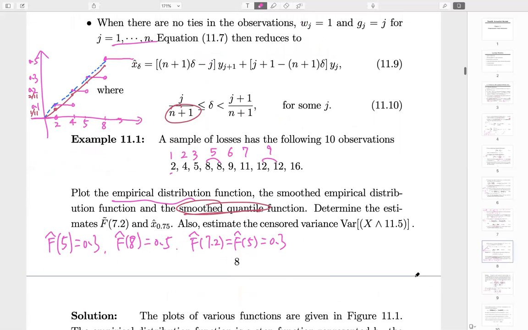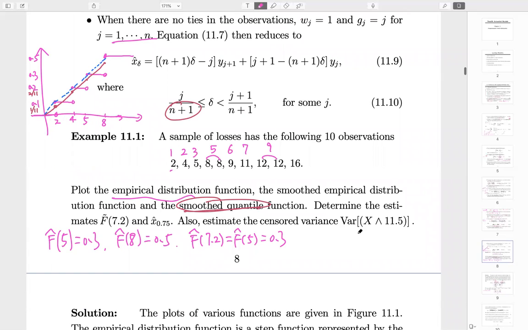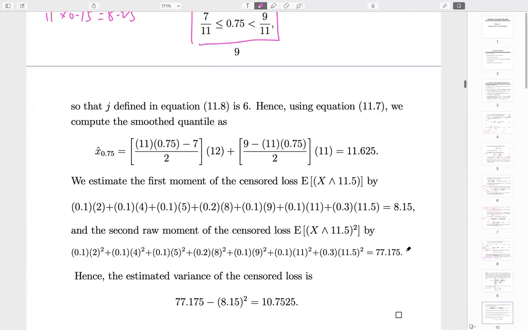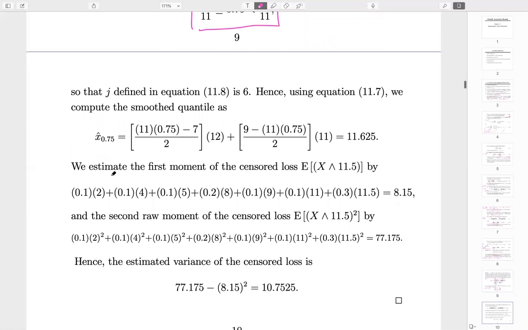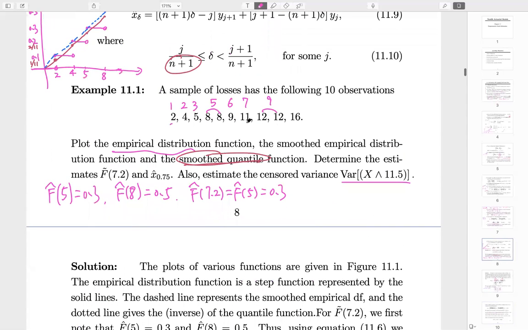What's the next question? Estimate the censored variance. So we want to know the variance. So we start with mean. Everything up to this point is simply using empirical probabilities, right? And then we have 3 points bigger than 11.5. So if you go back to data, we have 3 points, 12, 12, 16.